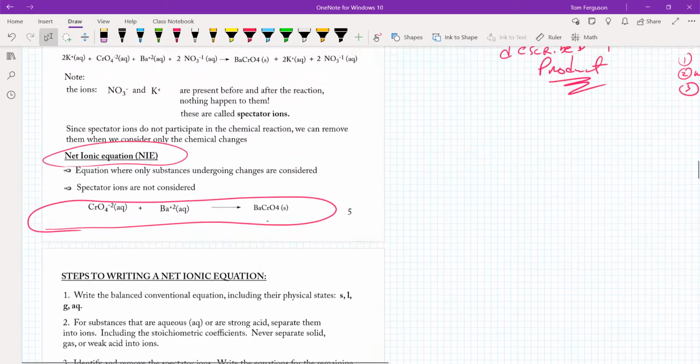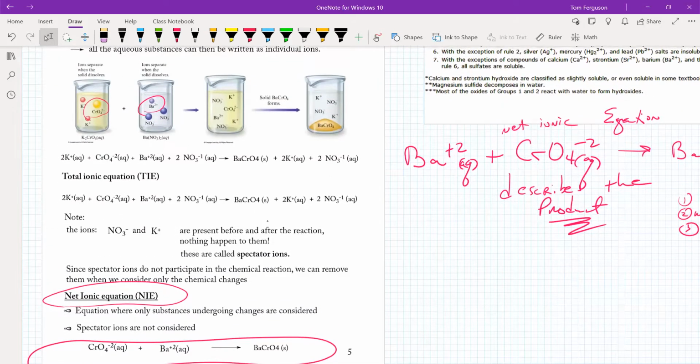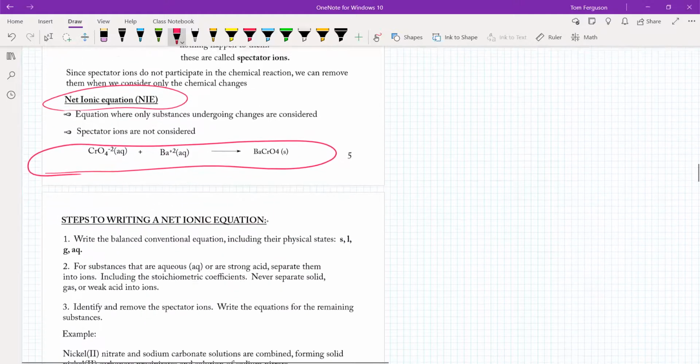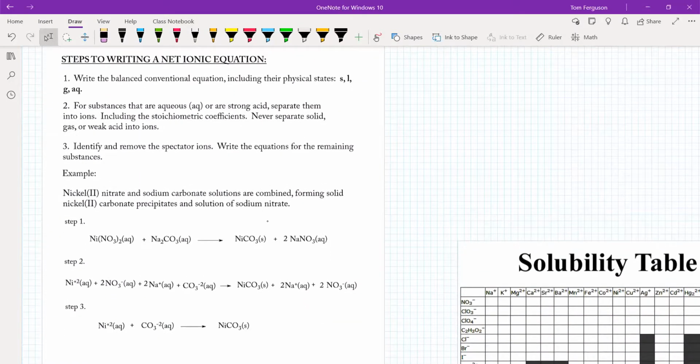Now, I just want to tell you, these are a pain because there's lots of parts. You have to worry about the physical state. You've got to worry about balancing them, just a whole bunch of stuff. And again, I'll go into lots of detail on that tomorrow. Okay. And that's what these steps are here.